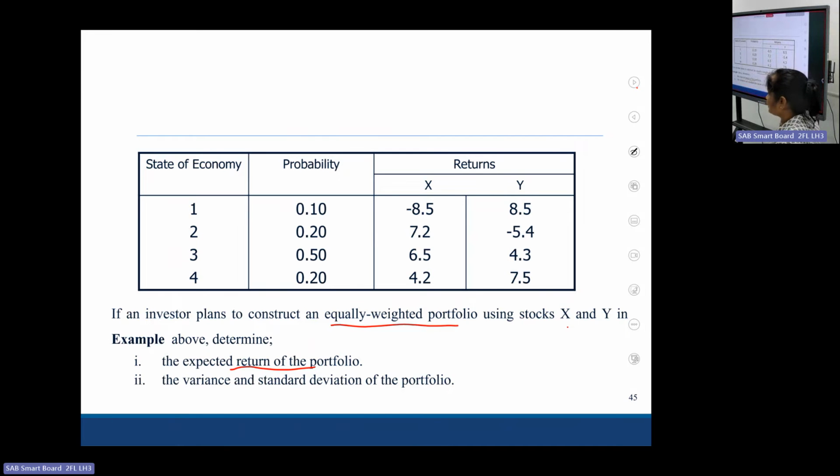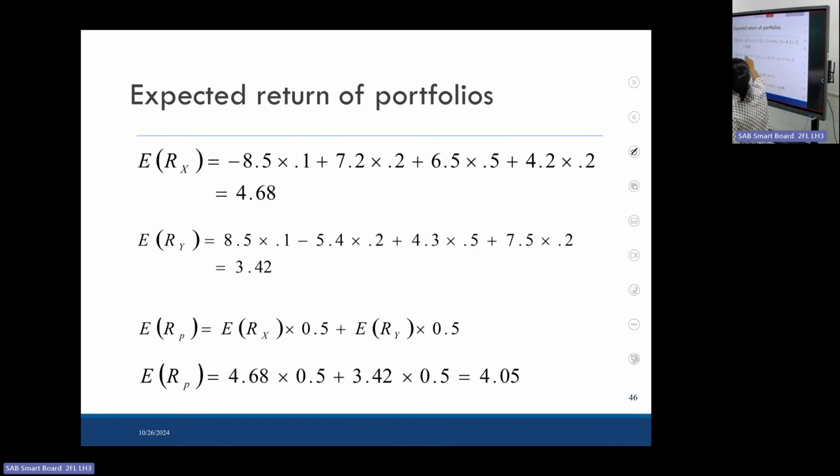Portfolio expected return. Yes, excellent. This is the expected return of X, 4.68, and this is the expected return of Y, 3.42, which we did earlier. So now the portfolio expected return is 4.0.